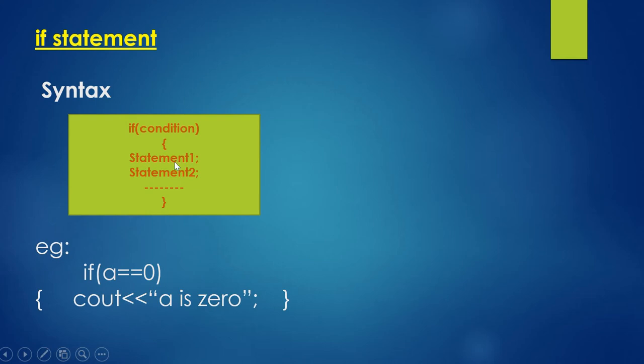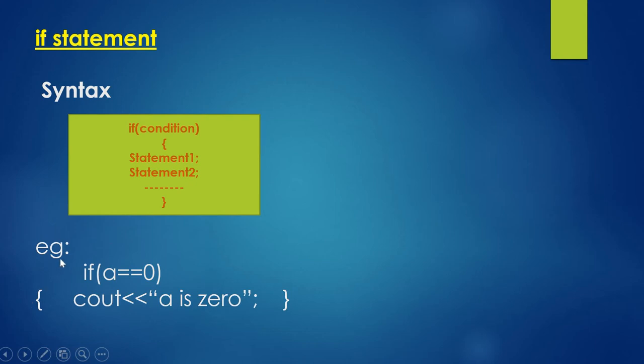If there is one and only one statement, it is not required to put the braces; if you put them, no problem. If the condition is false, these statements will not execute.